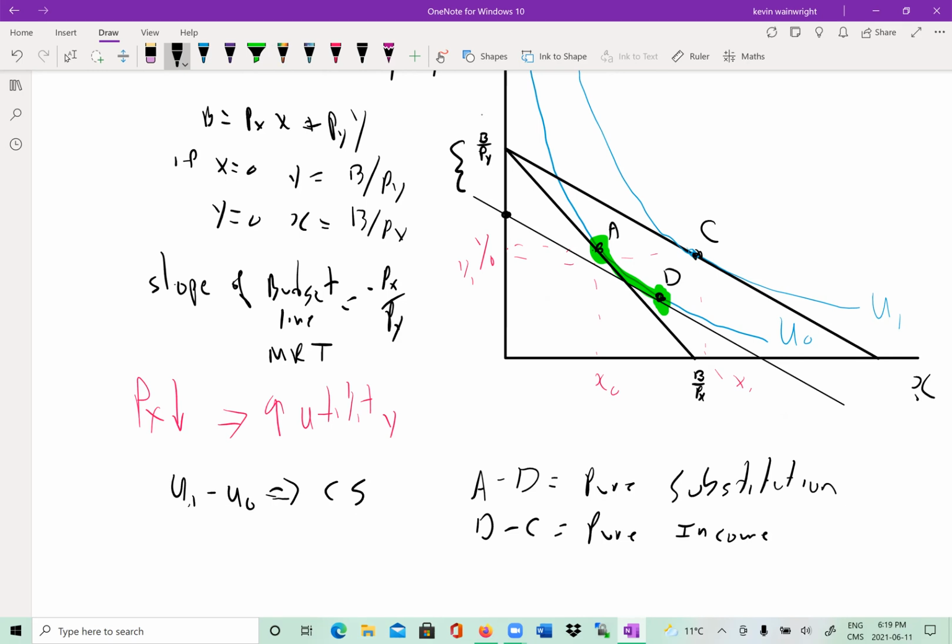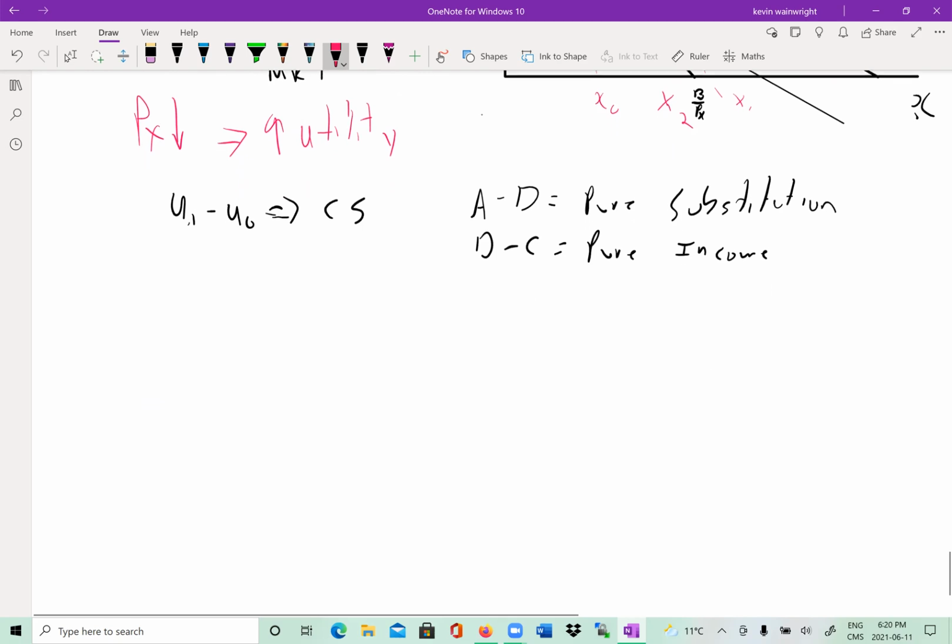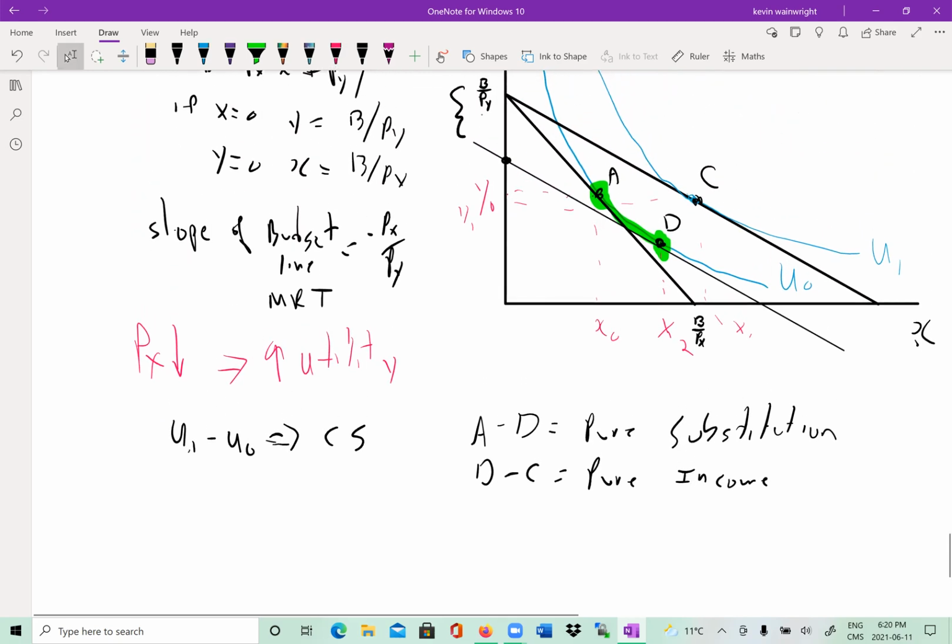And what it tells me is that there are two reasons people buy more of good X. One, the relative price has changed and X is a bargain relative to Y. Second, a fall in the price of a good is like an increase in your real income. So my income is constant, but the prices are lower.